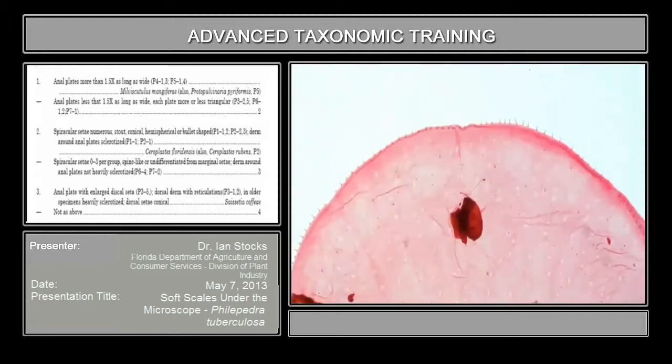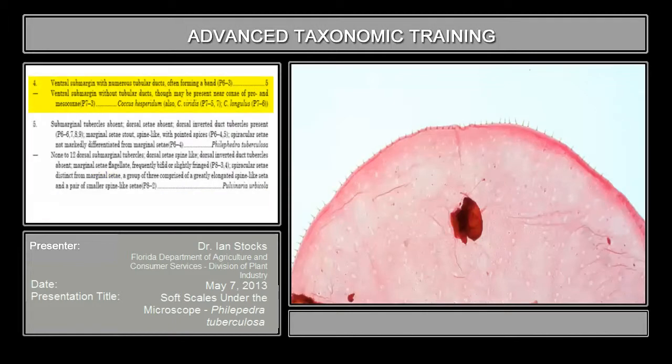So let's assume then that the slide we had was not Cystitia, and we've gone to couplet 3, the second part, and we've decided it's not as above. Which means we've got to drop it to 4.